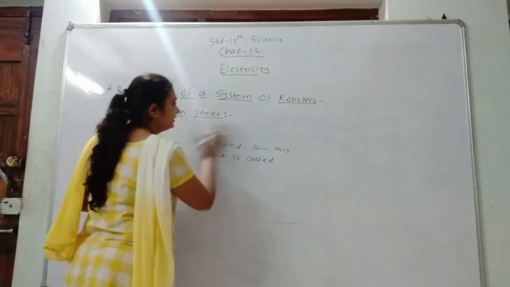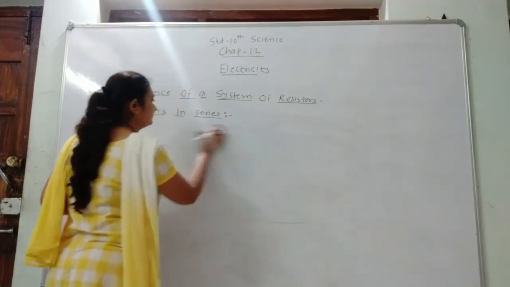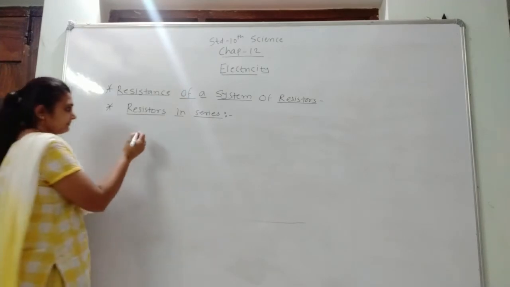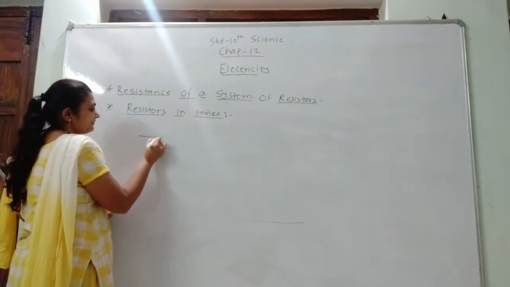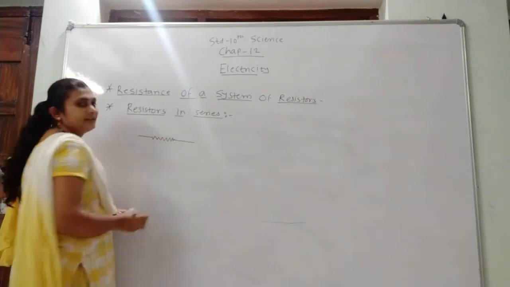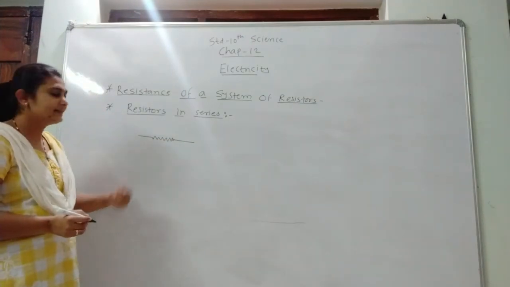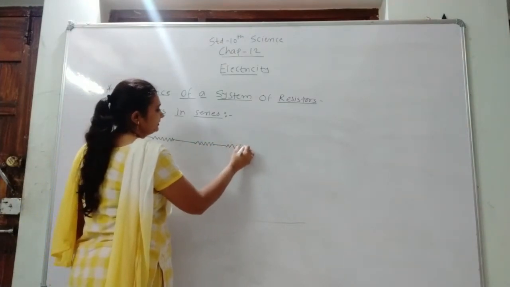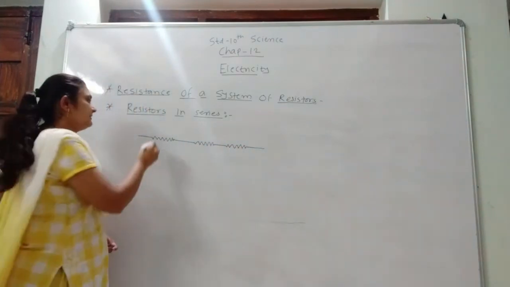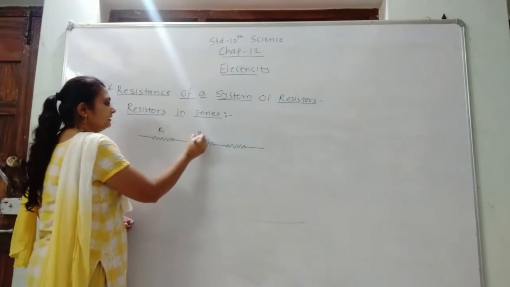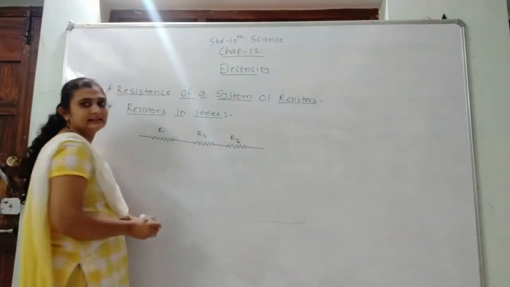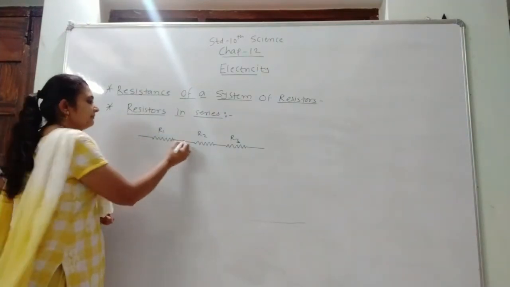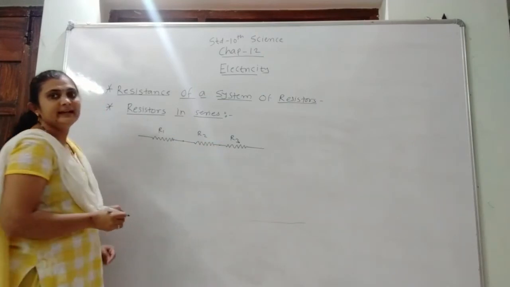Now the diagram is important. This is the symbol for a resistor. These are the three resistors R1, R2 and R3 connected in series, end to end.